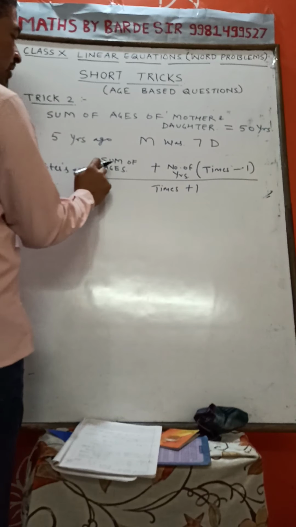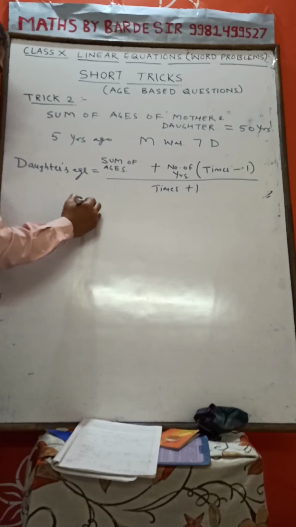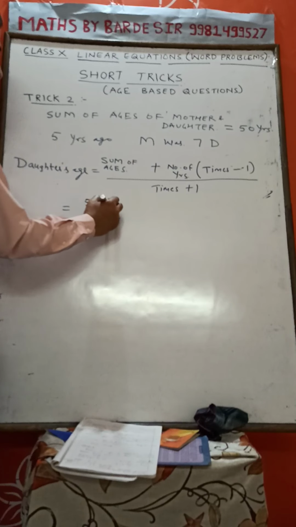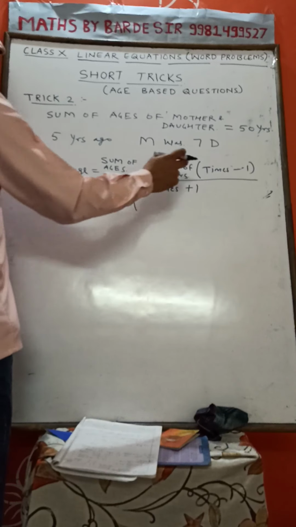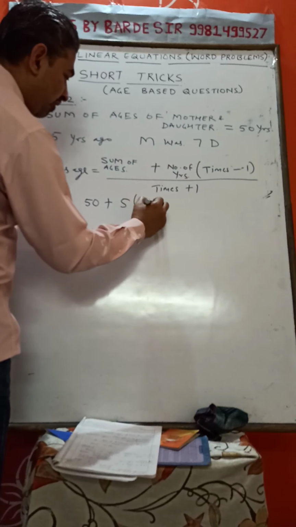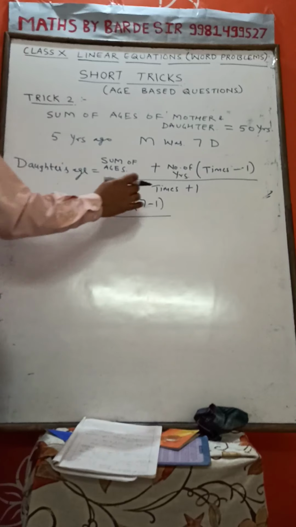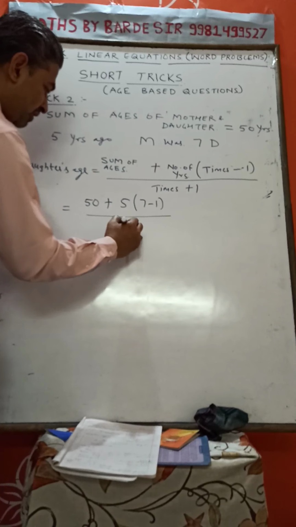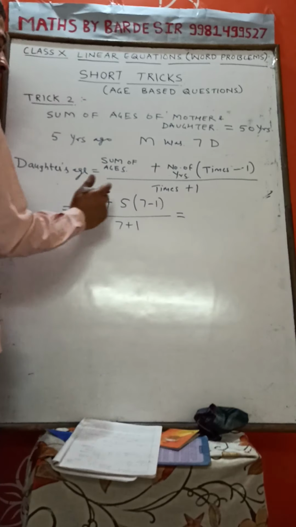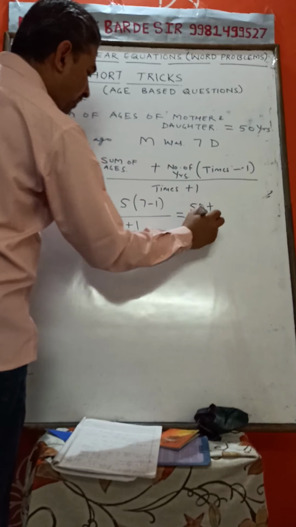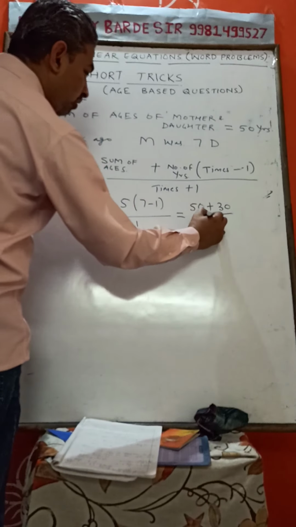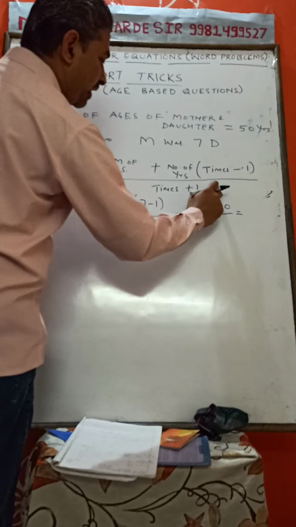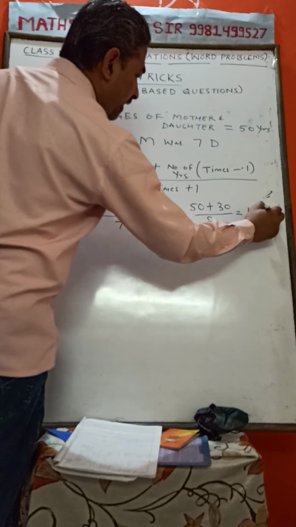Sum of ages is 50, plus number of years, 5 years ago, so 5, times 7 minus 1, upon 7 plus 1. 50 plus 5 into 6, 30, upon 8, 80 upon 8, 10 years.